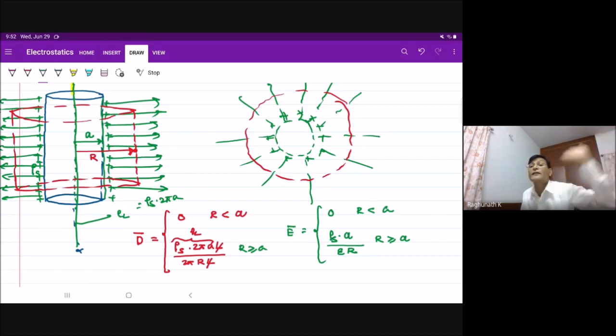Because the other side charge is not there. Entire rho S is there on the outer surface only, because of which it becomes rho S by epsilon at R is equal to A. For R less than A, it is 0. Because rho S is given. If it were rho L given, it would be rho L by 2 pi epsilon R. If rho S is given, it is rho S into A by epsilon R.